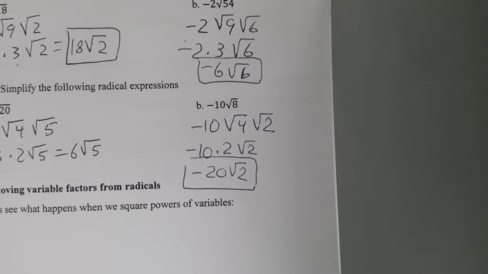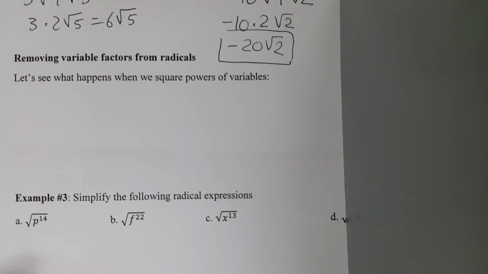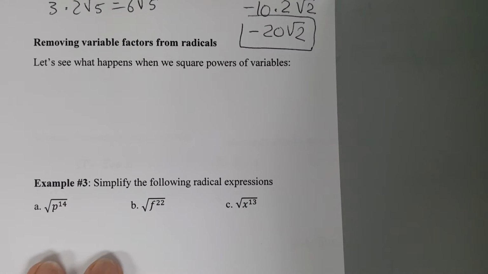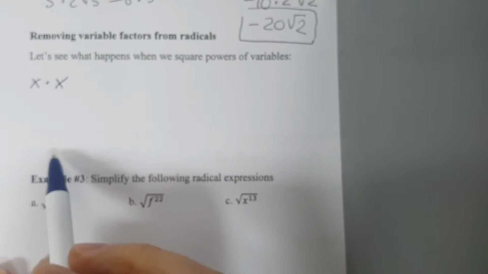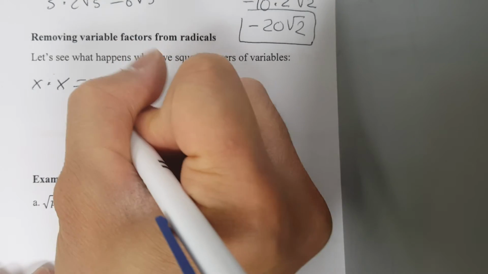Okay, so now we're going to move on to this part where we are going to talk about variables. Now, let's see what happens when we square variables and powers of variables. So if I have x times x, remember when we multiply with the same base, I just add the exponents. This is x squared.